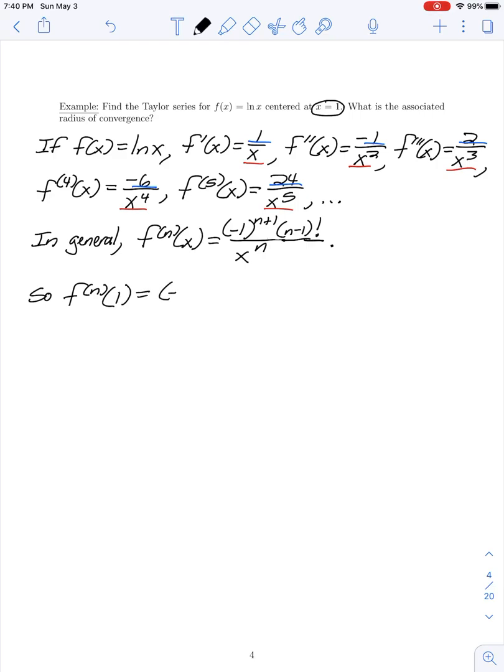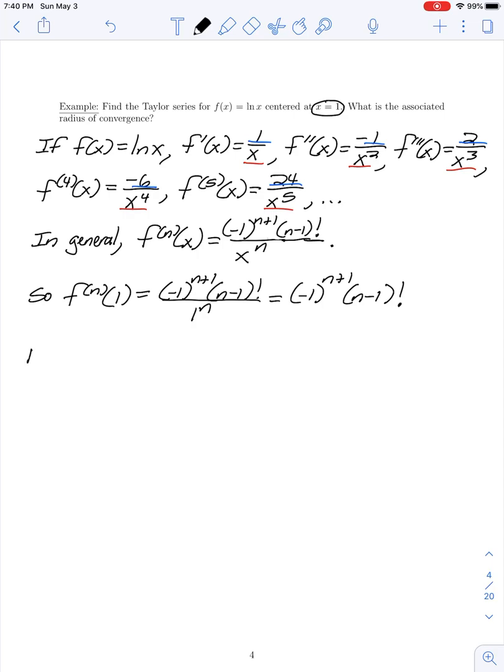So we have -1 to the n plus 1 power times n-1 factorial divided by 1 to the nth power. So that is -1 to the n plus 1 times n-1 factorial.